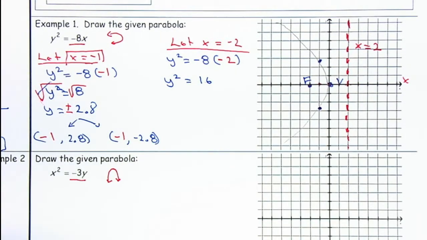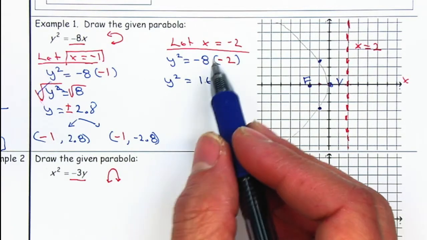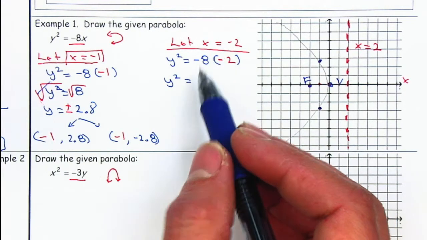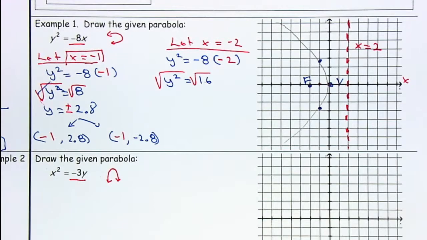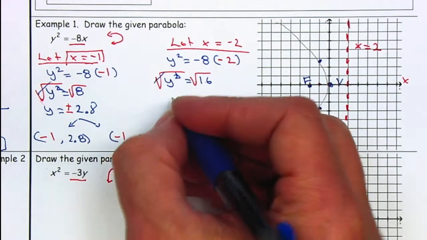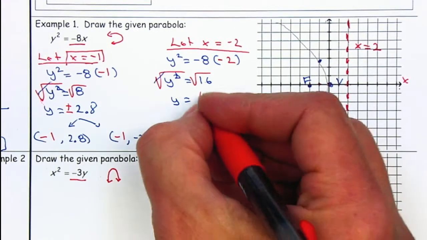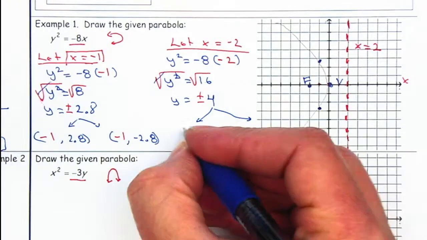Now, if by any chance you get a negative number here, you know that you plugged in the incorrect number. So just be careful, because you will not be able to take the square root of a negative number. The square and the square root cancel, so I have y is equal to 4, and let's not forget our plus or minus. So that'll give me 2 points.